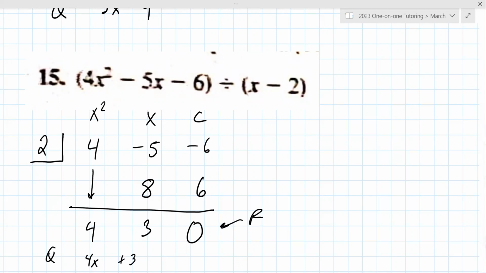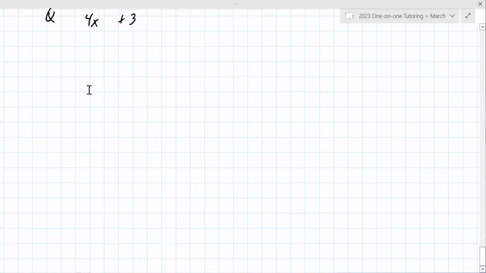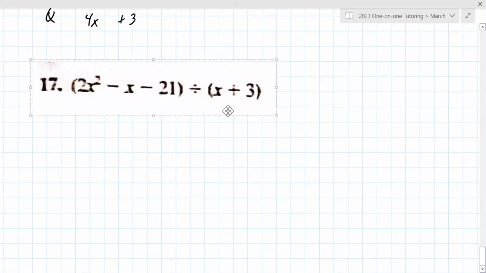All right. Gotta have you try one here on your own. So let's have you try 17. This one does have a remainder of 0. So go ahead and set it up, work it out, ask questions or just hope for the best, see if it comes out nicely. Yes, sir.